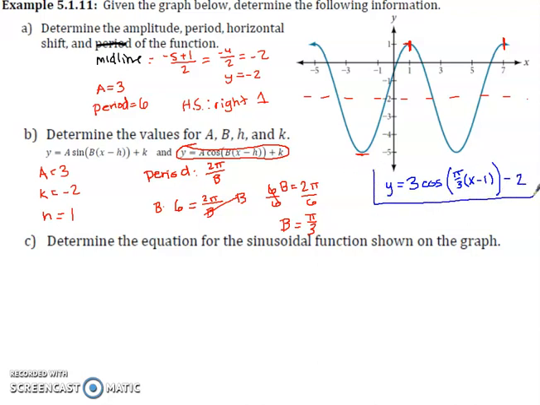This would be the equation for the graph that is shown above. And that would be part C.